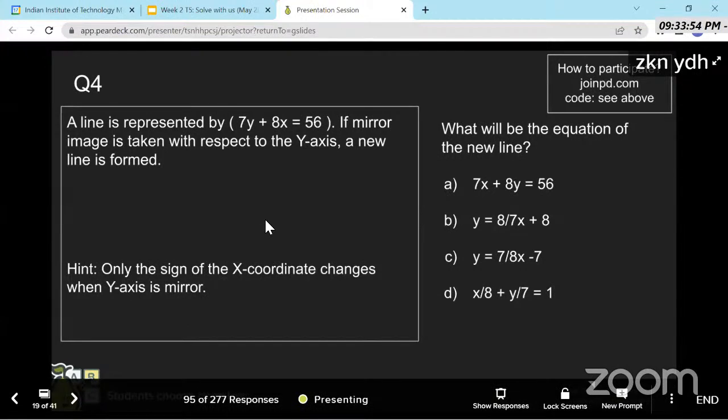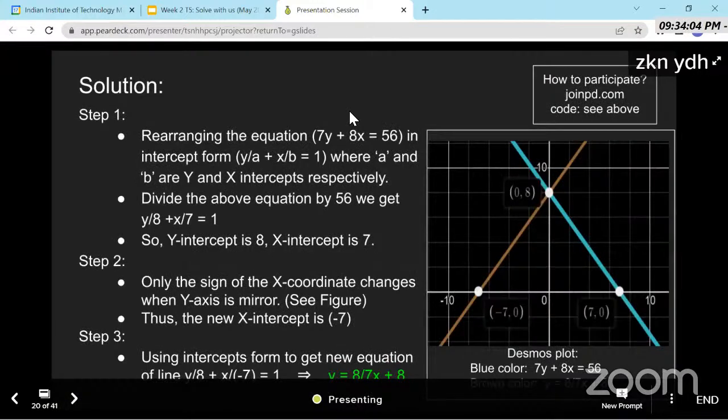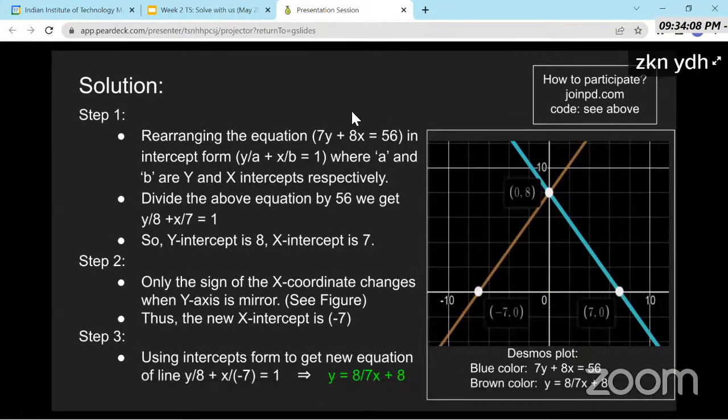Okay, so let's discuss this then. Maybe I myself will discuss here and I will not let you discuss first. First of all, we have been given an equation of a line, 7y plus 8x equals 56.